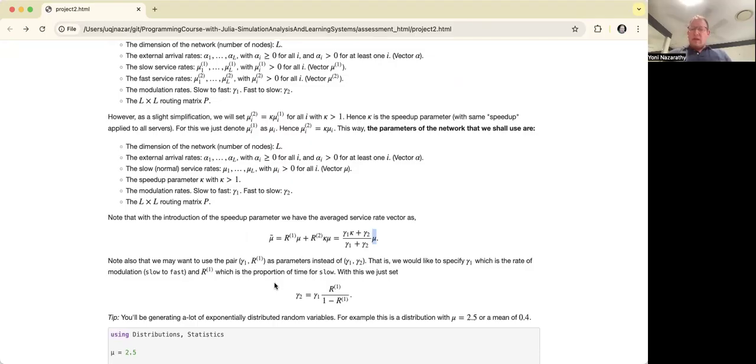So one more thing is, instead of parameterizing the system with gamma 1 and gamma 2, we might want to parameterize it with gamma 1 and R1. Okay, why? Because gamma 1 is kind of the rate of modulation. It can be high or low, fast or slow modulation, and R1 is the proportion of time that we are in slow state.